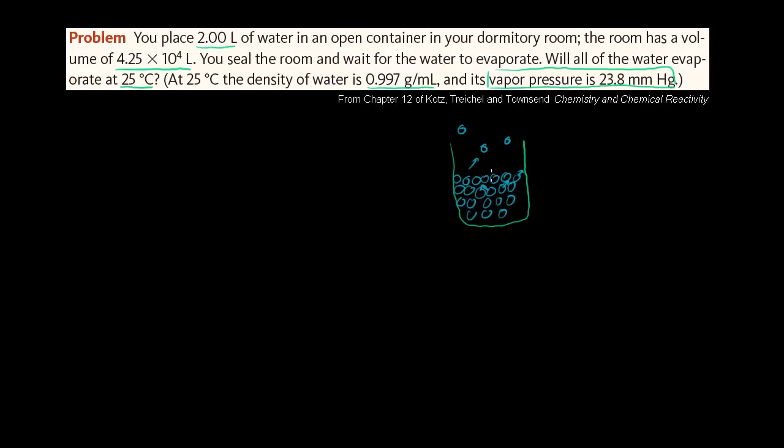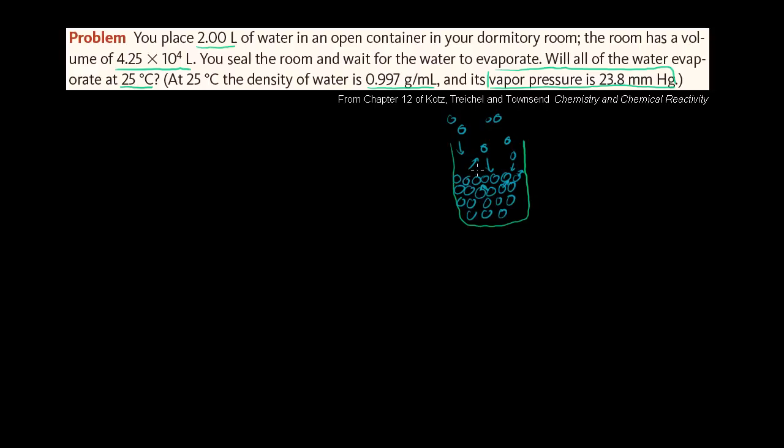The water will naturally vaporize in a room. But at some point, enough of these molecules have vaporized over here that they're also bumping back into the water, and maybe some of them can be captured back into the liquid state. Now, the pressure at which this happens is the vapor pressure.